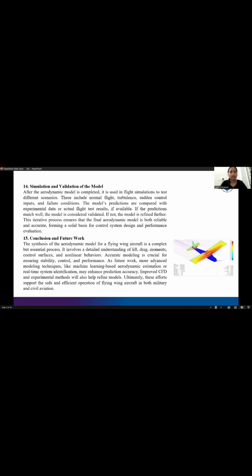As further work, more advanced modeling techniques like machine learning based aerodynamic estimation or real time system identification may enhance prediction accuracy. Improved CFD and experimental methods will also help refine models. Ultimately, these efforts support the safe and efficient operation of flying wing aircraft in both military and civil aviation.